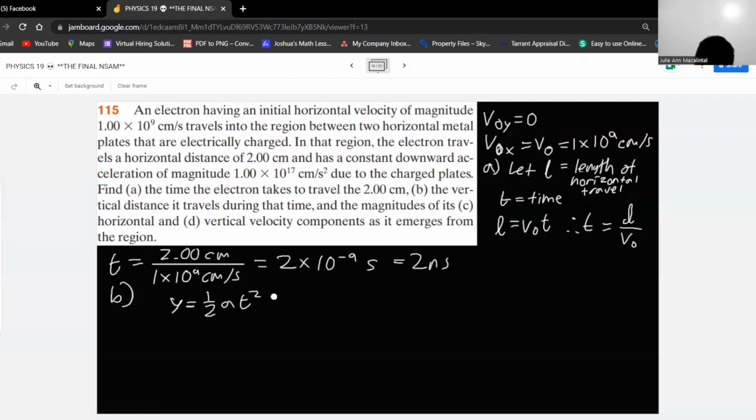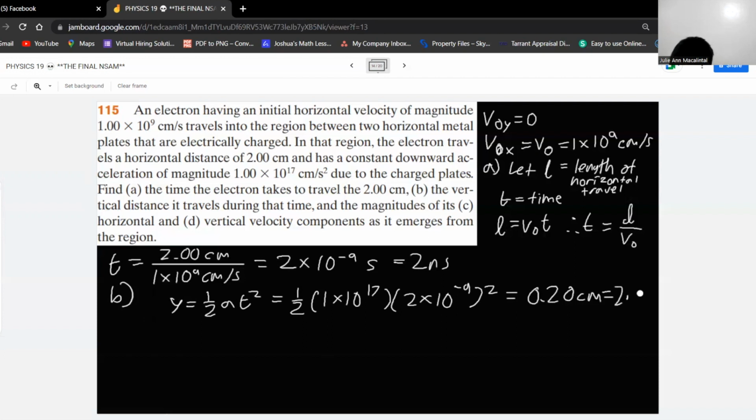So just y equals 1/2 AT squared. 2 millimeters upward. So when it passed through the plates, it bent a little, and that bend is like 2 millimeters.